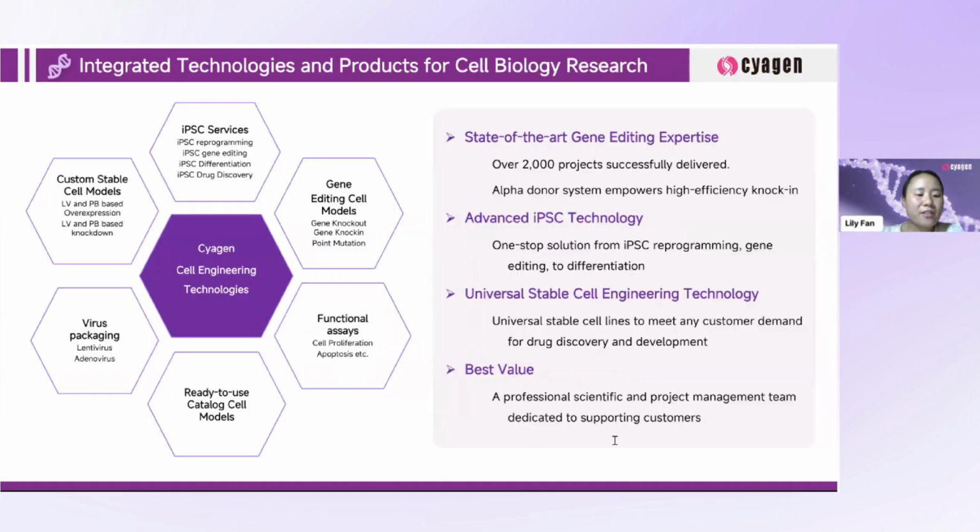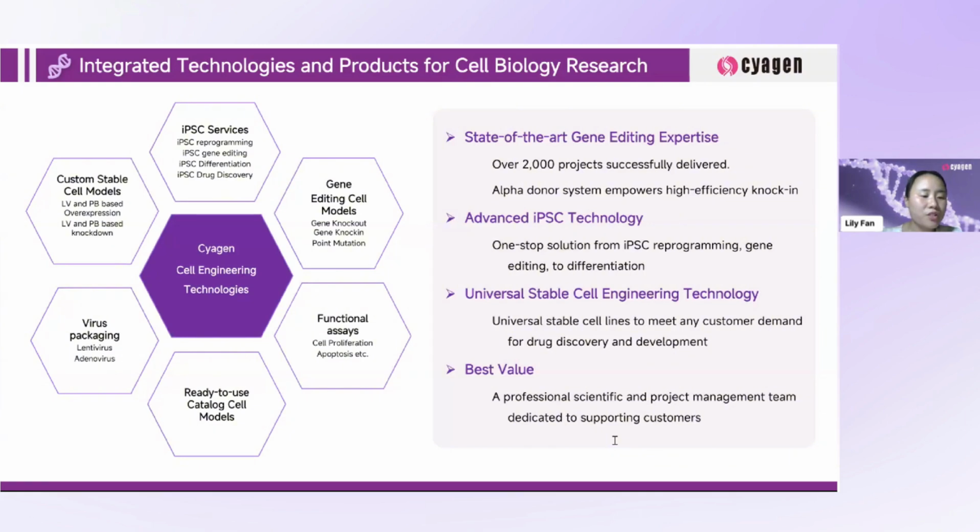Moreover, Cyagen has integrated technologies and products for cell biology research. Except iPSC services, we can also provide gene editing cell models, custom stable cell models using lentivirus and PB vectors, virus packaging, functional assays, and ready-to-use catalog cell models. We have successfully delivered over 2,000 projects.